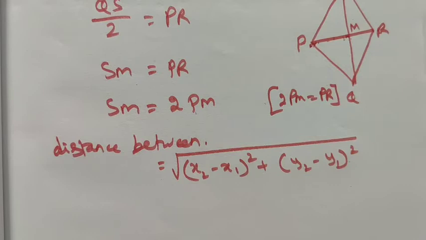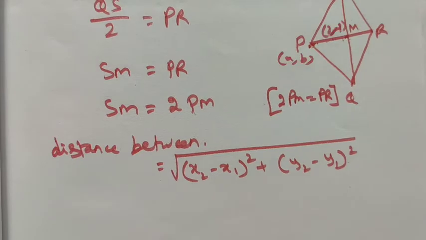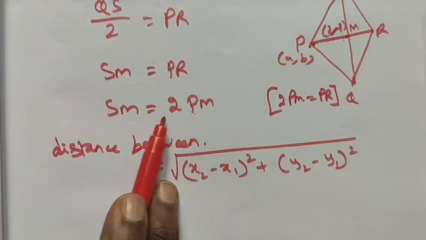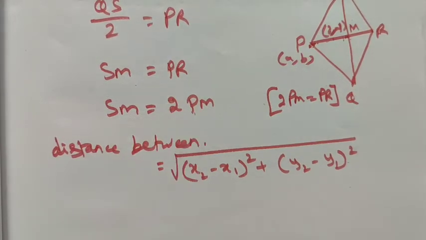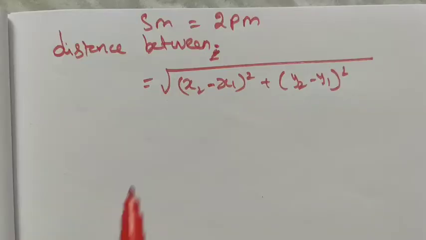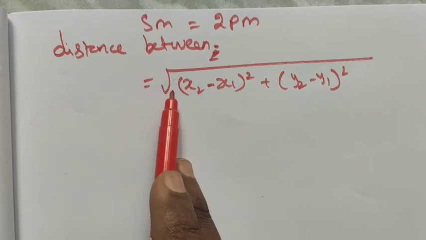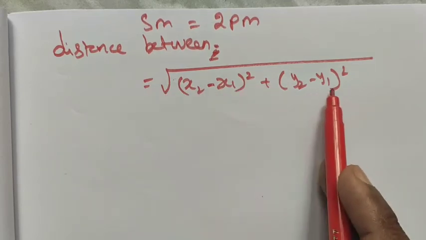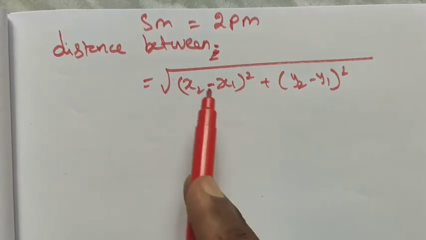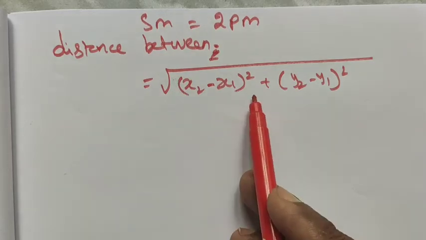First we used the slope formula, and now we are going to use the distance formula to find the value. The distance SM is equal to 2 times the distance PM. So SM is equal to 2 times PM. Now we are finding the distance.